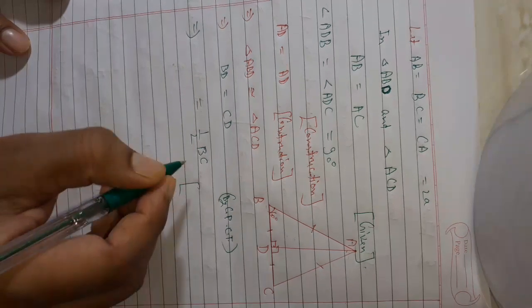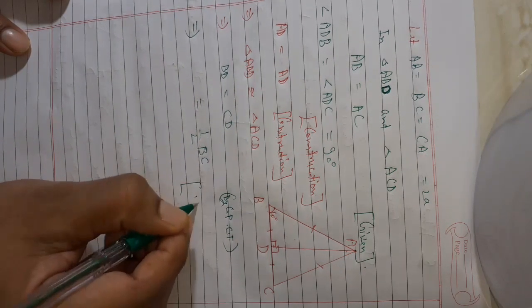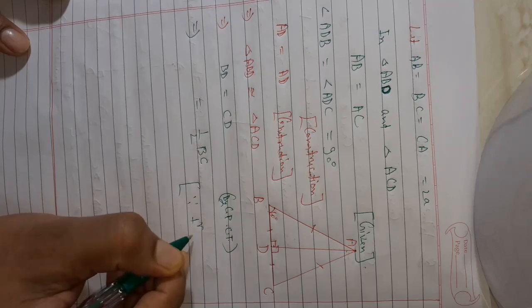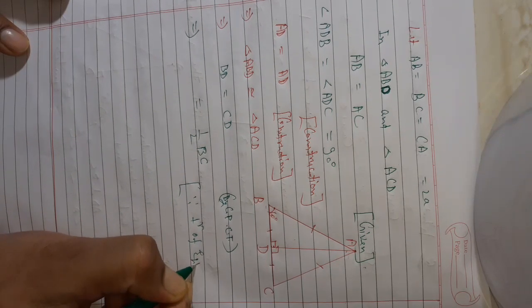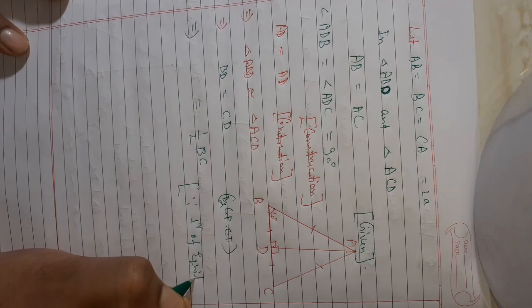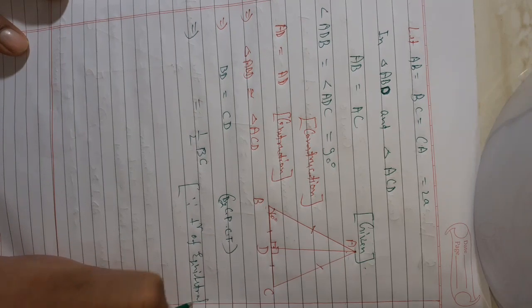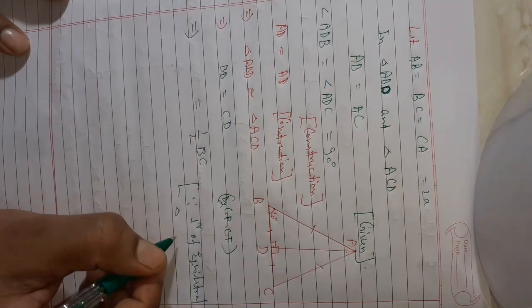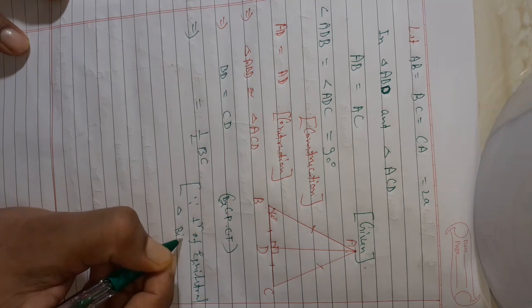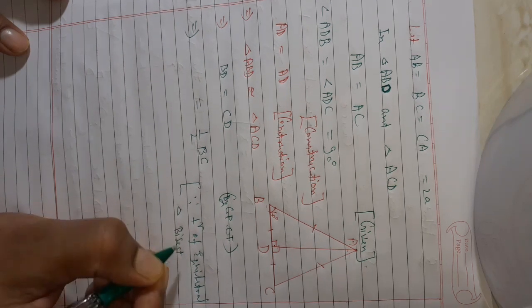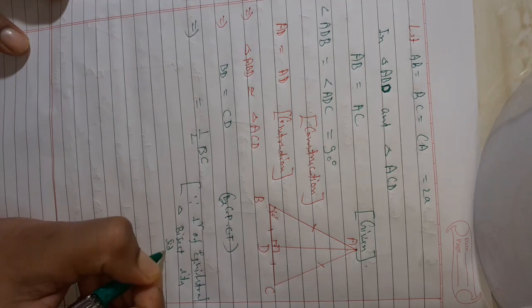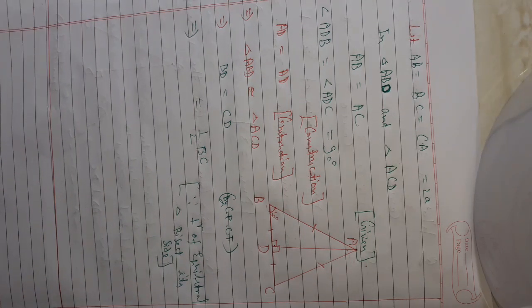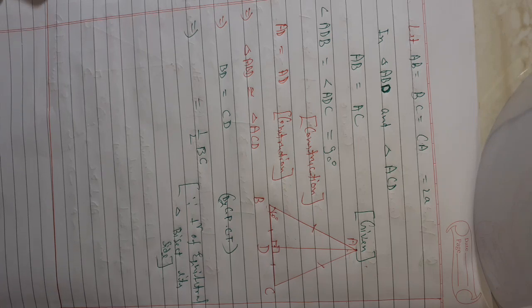Here you write: since perpendicular on equilateral triangle bisects its side. Clear?